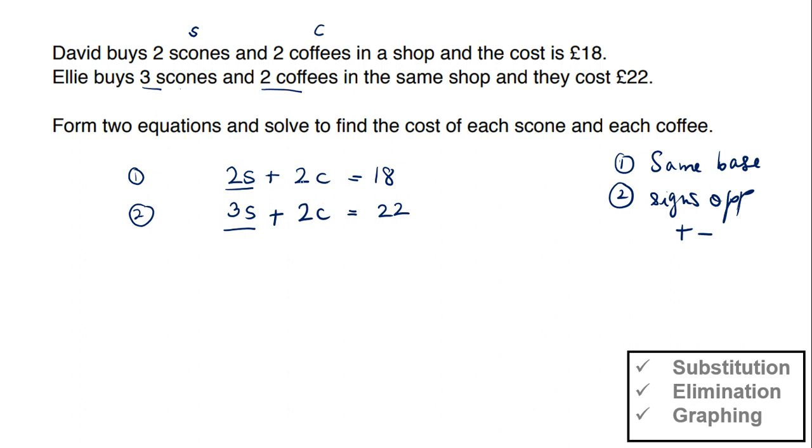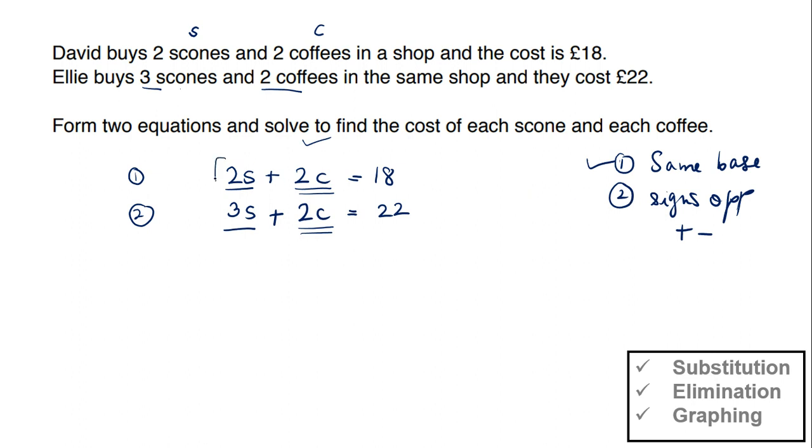And then the second one: I have a 2C here and a 2C there, which means one condition is satisfied, that is, the bases are the same, which means I can use elimination, and I can go ahead with eliminating my C's. But in order to eliminate my C's, I need to make sure that the signs are opposite. That's the rule. One has to be plus, one has to be minus. So it's your wish which equation you choose to turn into negative.